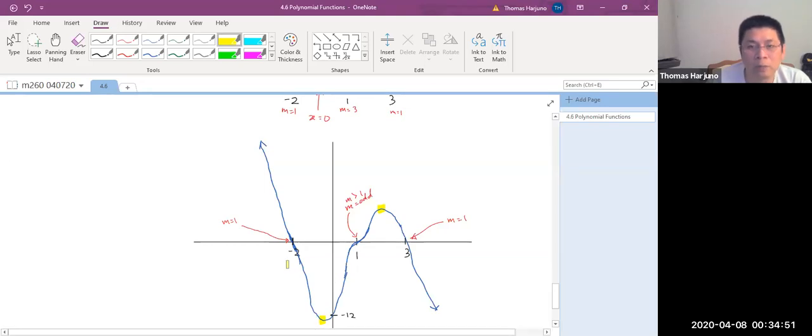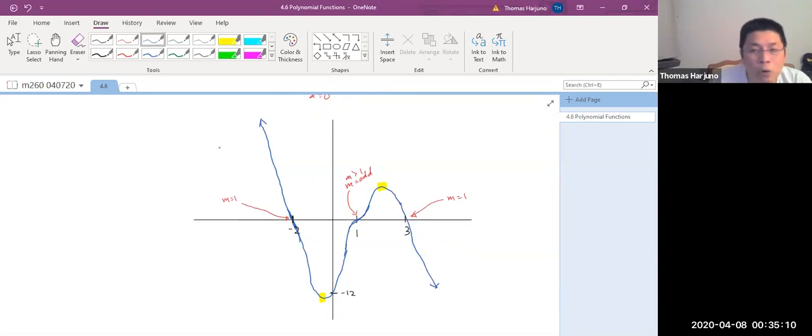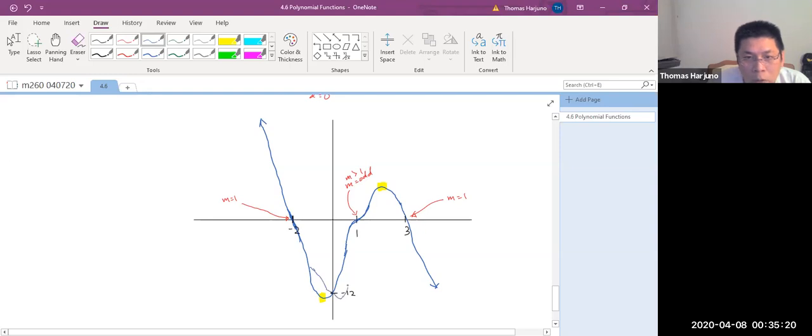Your good question is this: how do we know how far we need to go up or how far we need to go down? We don't do that yet here. In calculus, you will see how far it should go up here and how far it goes down here. In fact, I don't know if it will go down first and then cross -12 from below, or go this way instead.